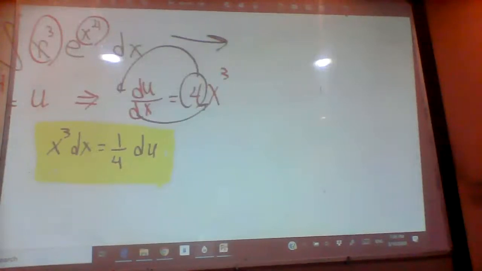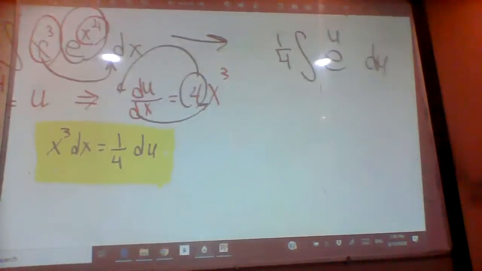So this integration becomes a quarter integration, x power 3 dx I'm going to make du, and e power x power 4 I'm going to make e power u.